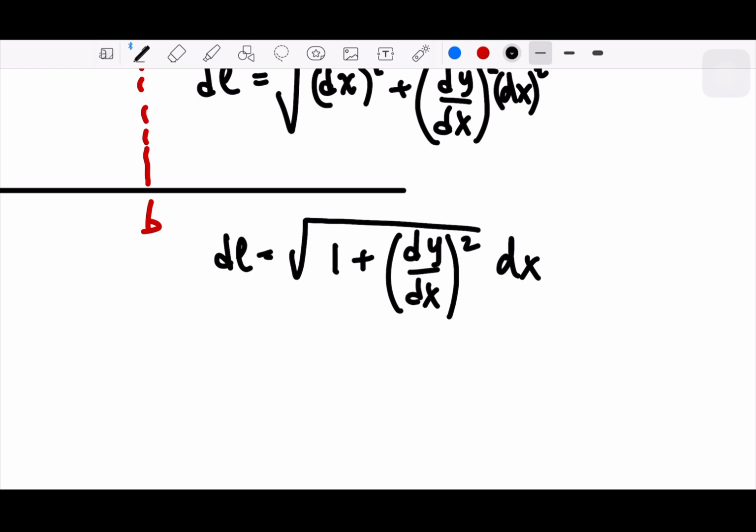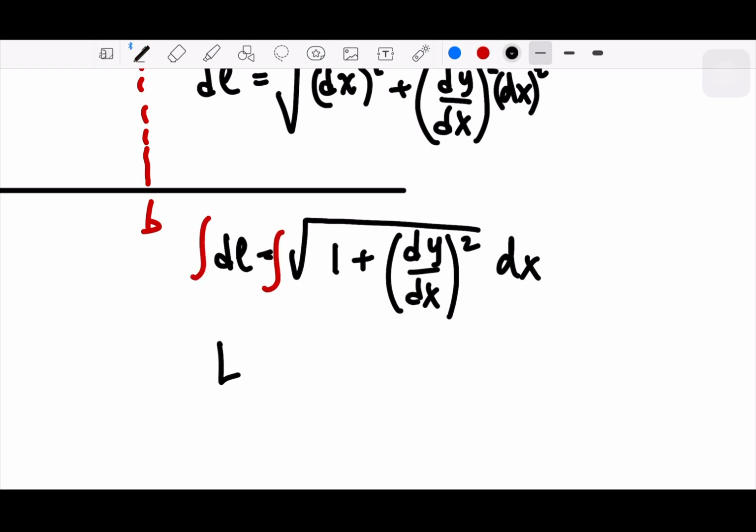Now, like I said before, because we already know the integral and we don't need to prove it one more time, we don't need to put the Riemann sum in the limit of the rectangle. We can just take the integral of both of these.